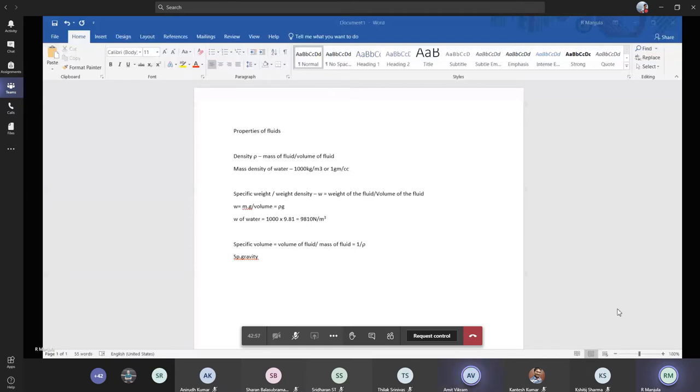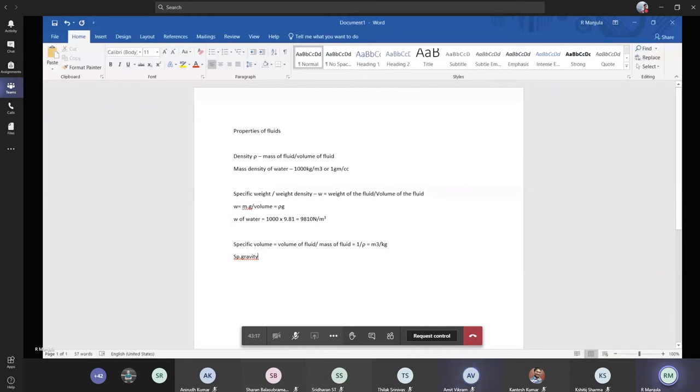Not Newton. Why Newton? It is 1 by rho, the reciprocal of density, which means its unit should be meter cube per kg.